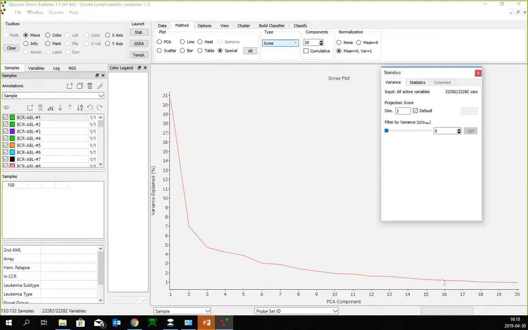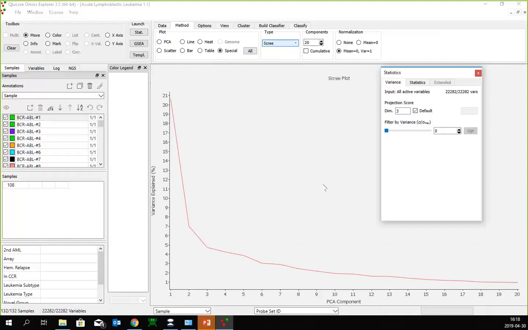It's very little in the last few ones here that's shown on the screen. However, if this slopes, and they're always sorted, so this always goes down, if this slopes less, there is more information in the further components here. And more information in the further components means that the data set is more complex, which also means you might expect more groups in it.